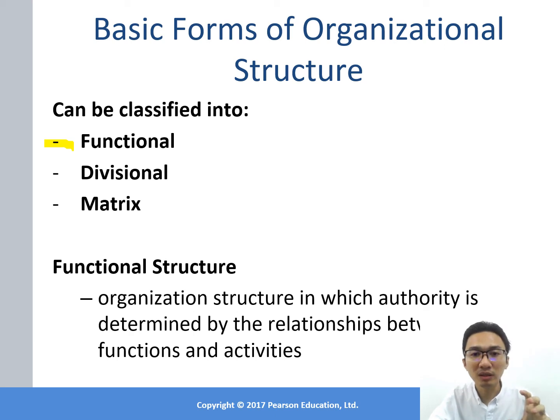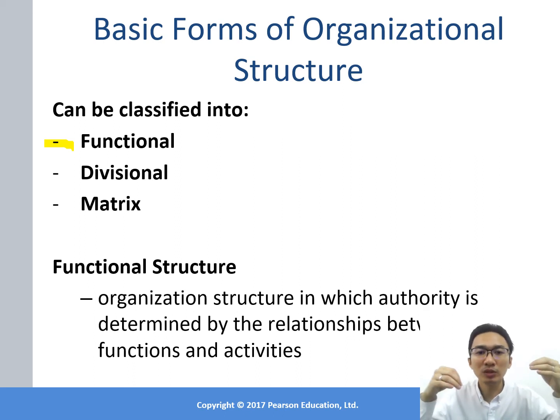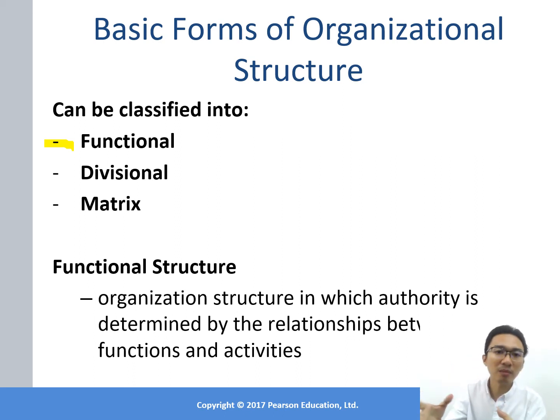They are normally structured around basic business functions, so a company would be structured into a marketing department, operations department, and finance department. The benefit is that it includes specialization within functional areas, and it allows smoother coordination among them.